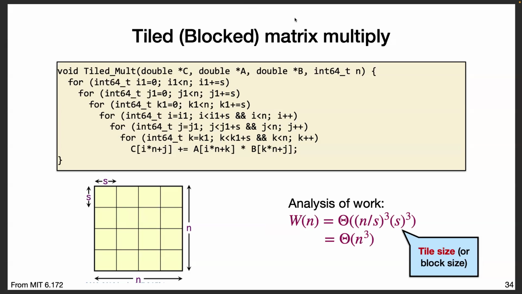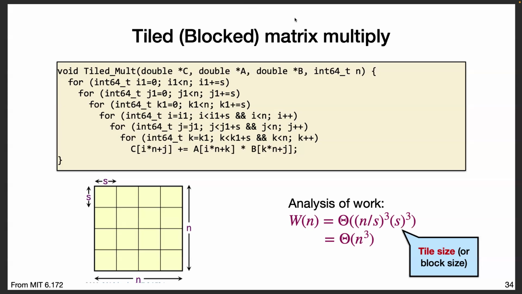And so the work is, how many iterations are there out here? Well, you go from 0 up to n, but you go up by S, so each one of these is n over S iterations. And then the inside 3 loops each have length S, like i equals i1 up to i equals i1 plus S.